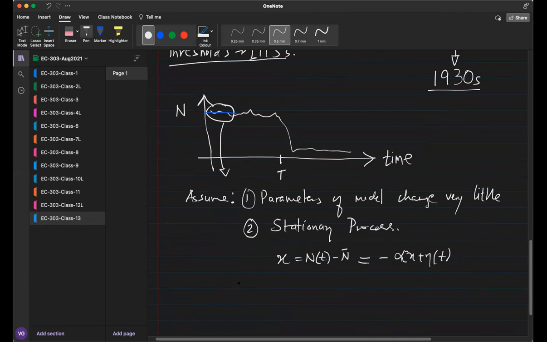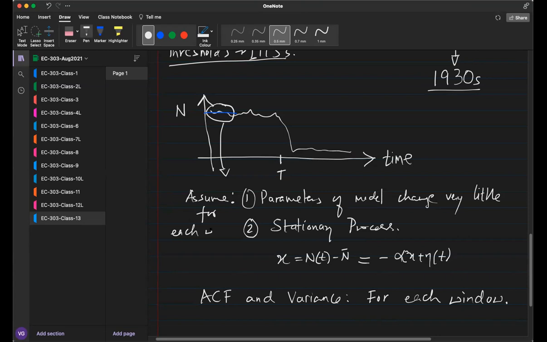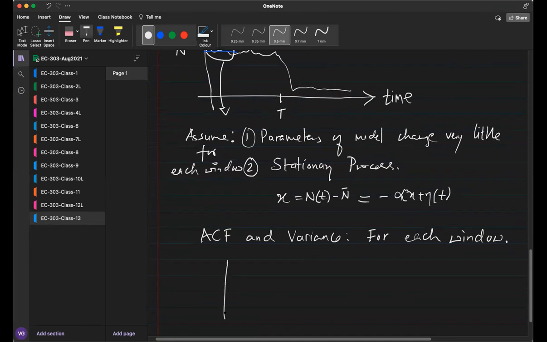And then you argued that if you calculate the autocorrelation function and variance for each window, and then plot the trends of these ACF or the variance as a function of time, these quantities will increase even before T is reached.